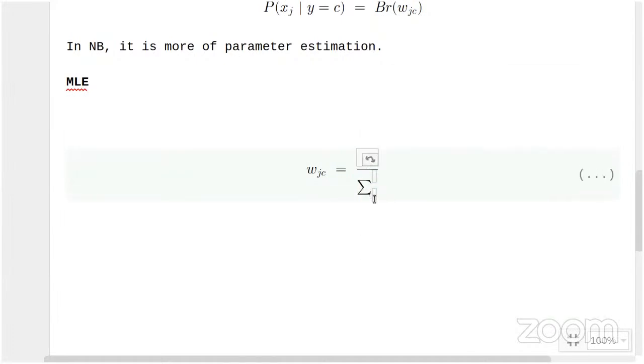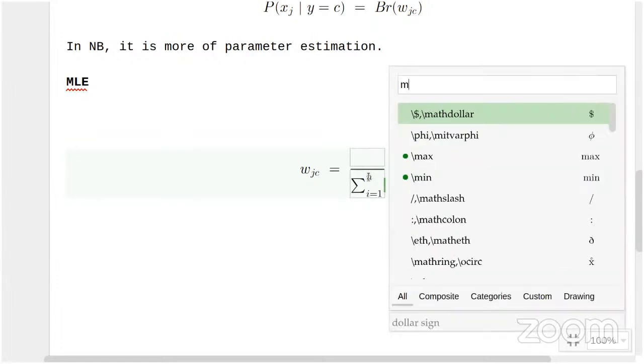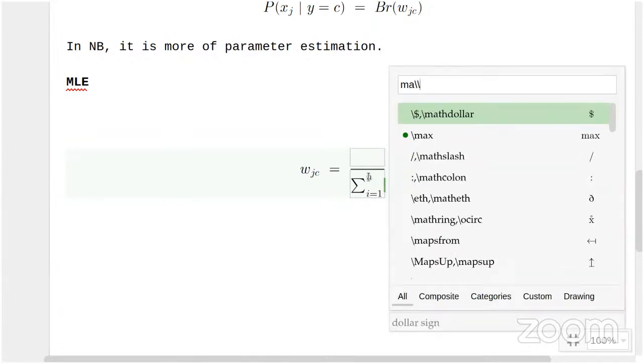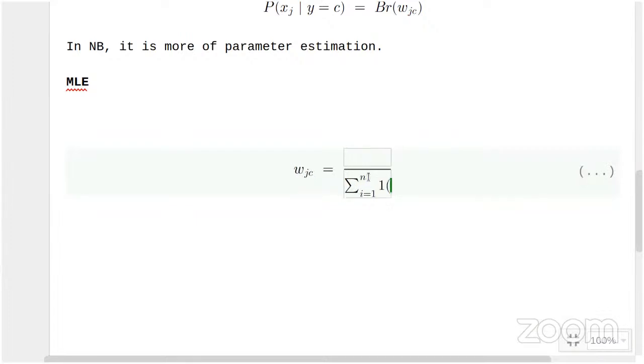It's the sum over n examples. This is the indicator function. So you're going to look at all those examples that belong to class c. Get hold of all those training examples that belong to class c.